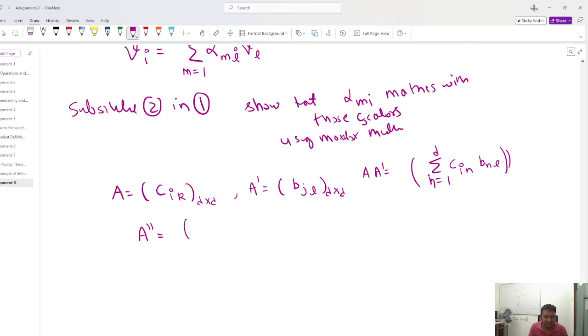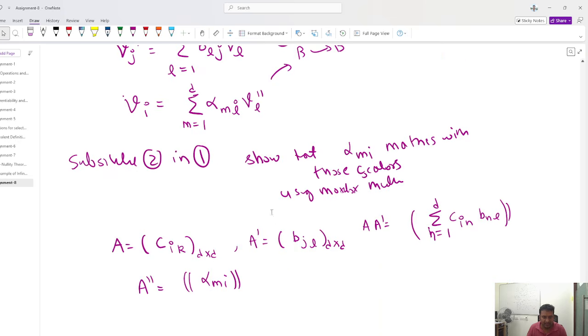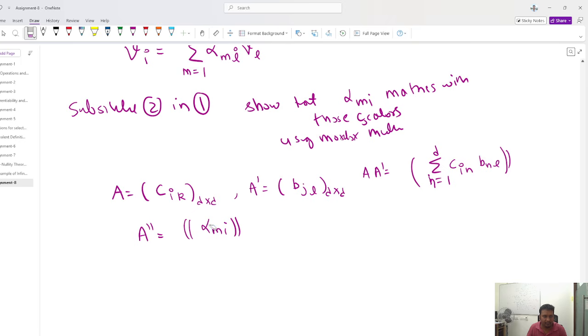So A prime will be this matrix. Alpha, am I right? I am changing now. Yeah, something like this.